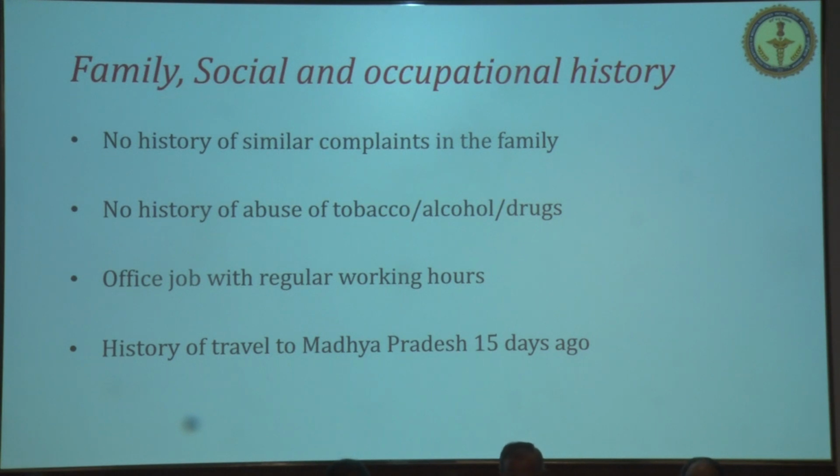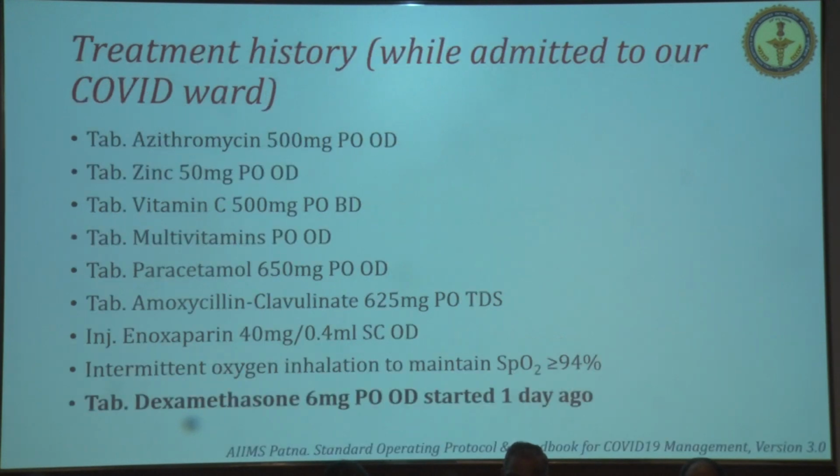The family, social, and occupational history were unremarkable, except for a positive travel history 15 days ago. He was being treated in our COVID ward according to protocol, and tablet dexamethasone 6 milligram per oral once daily was started 1 day ago.